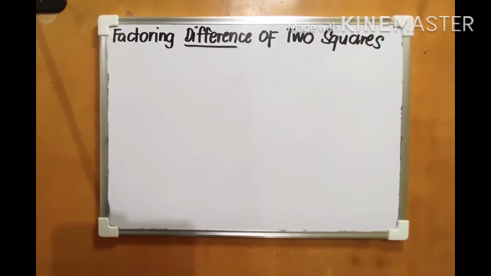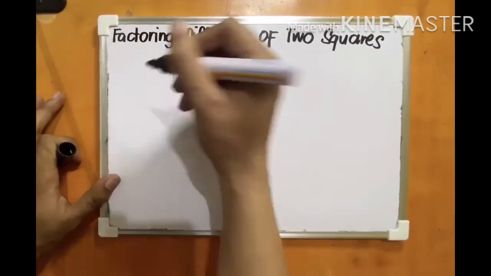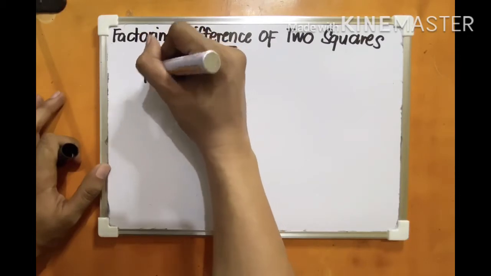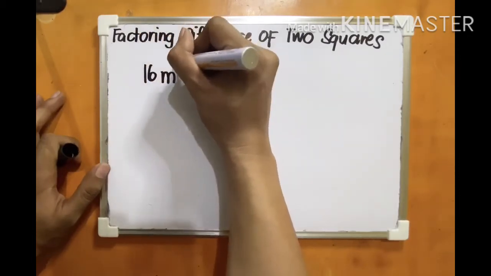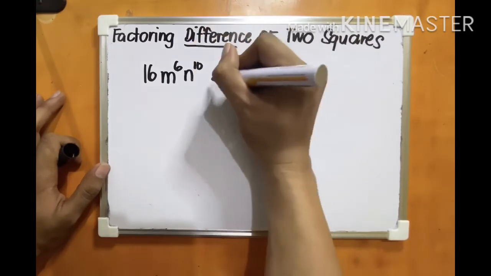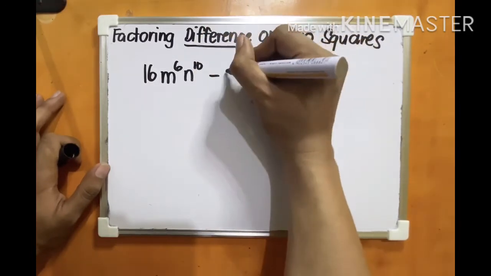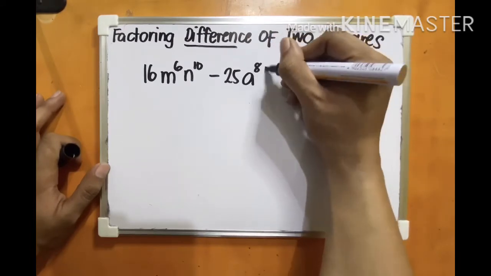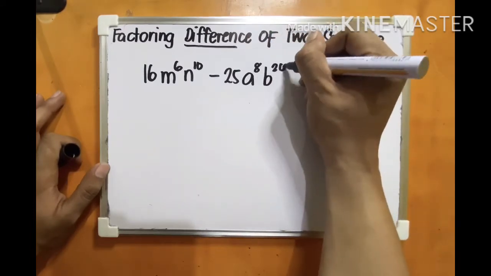Let's have another example again. Let's involve two variables, like 16m⁶n¹⁰ − 25a⁸b²⁰.